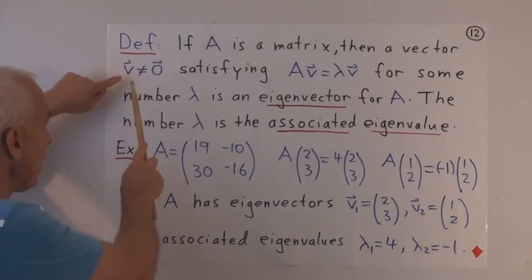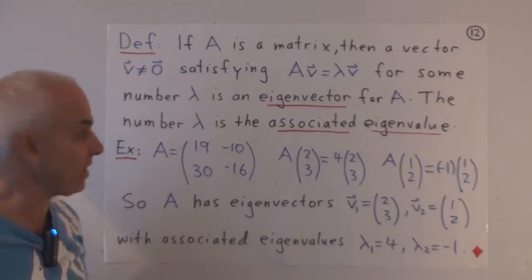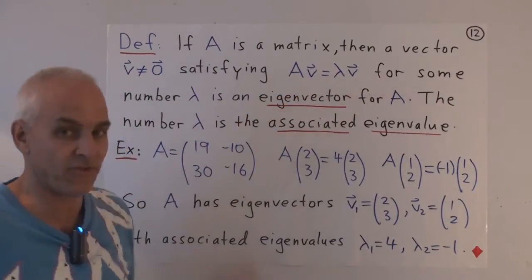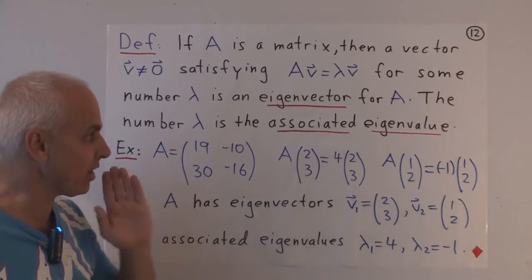With the stipulation that eigenvectors are not allowed to be zero, because the zero vector always satisfies this. So we're not going to include that.